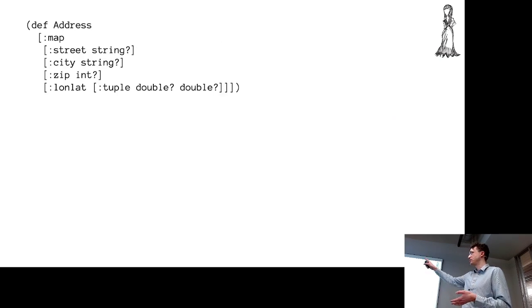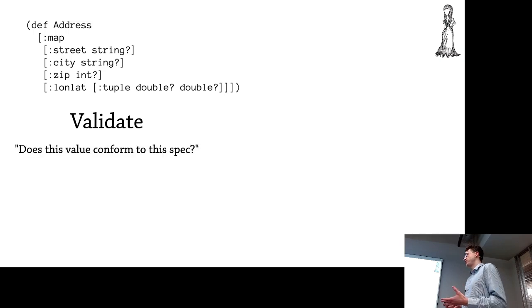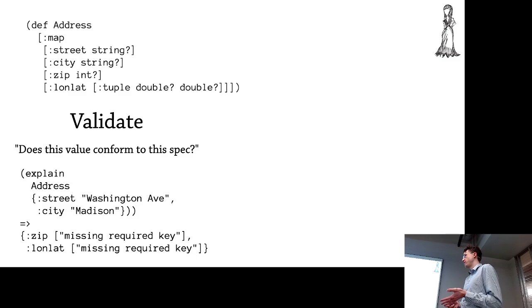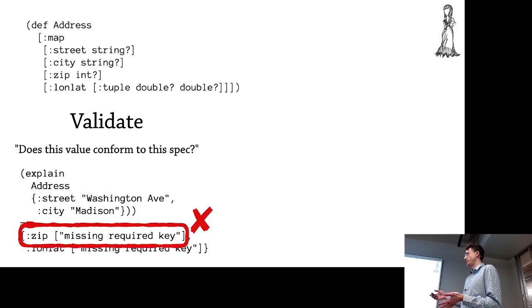So let's put this address spec up on the top left. What can you do with this spec? The first thing you can do is validate values. You can ask questions like, does this value conform to this spec? For example, here I've intentionally forgotten to put a zip code in my address, and it doesn't conform to the address specification.